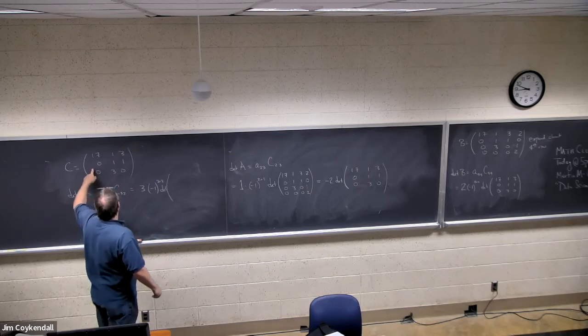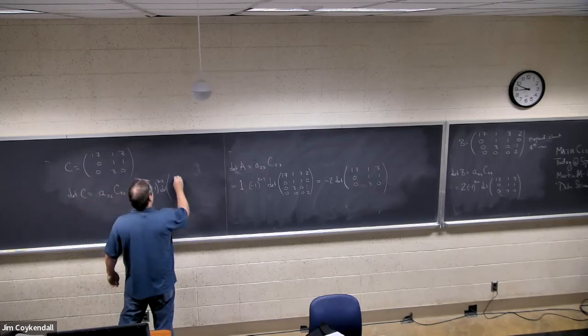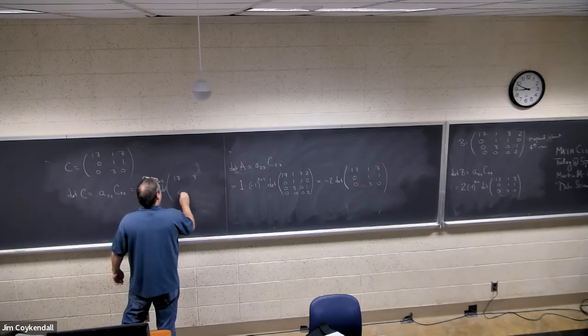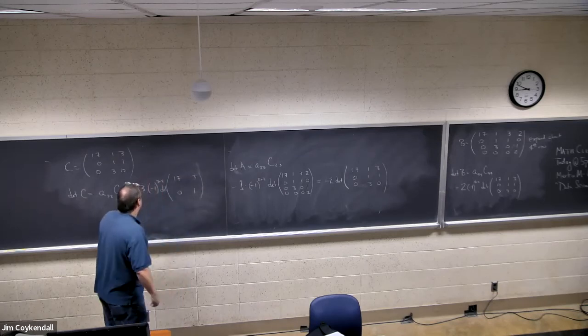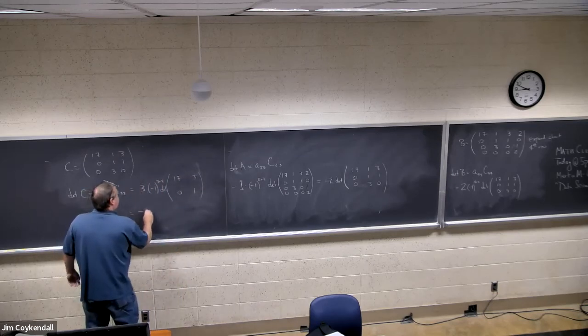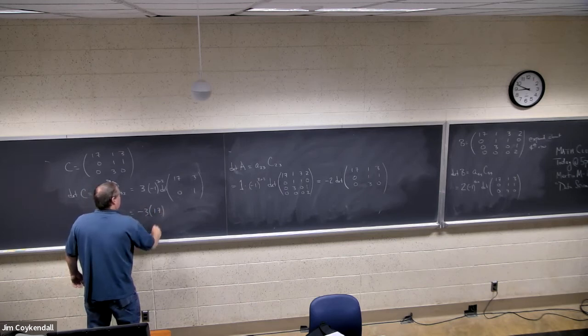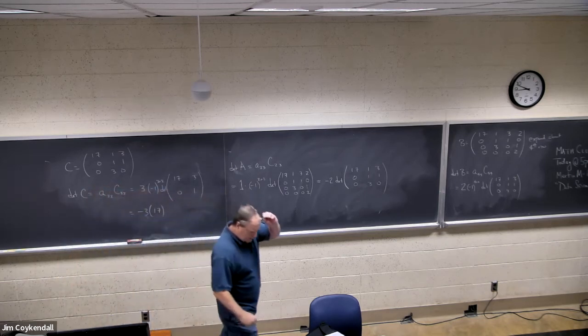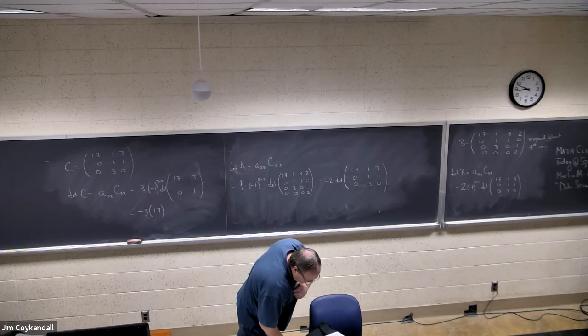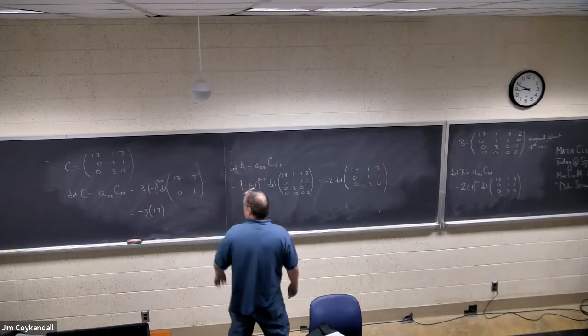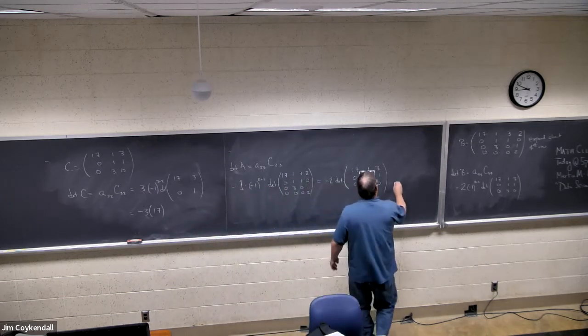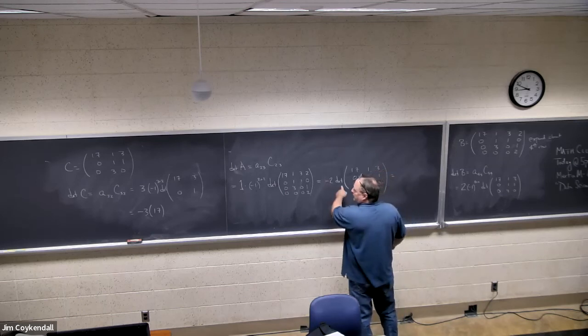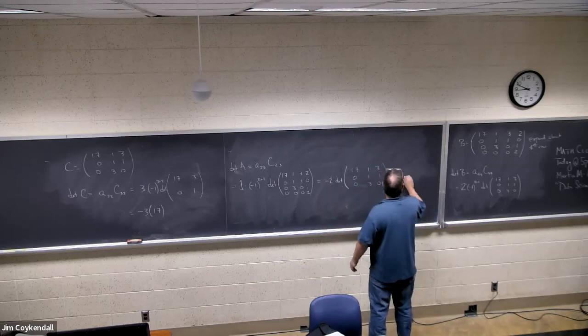So that's going to be 17, 3, 0, 1. So this is going to be minus 3 times 17. I get minus 2 times that determinant, so it's going to be 6 times 17, which is 102.